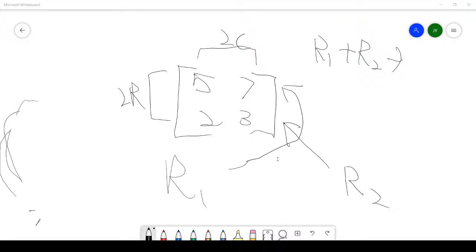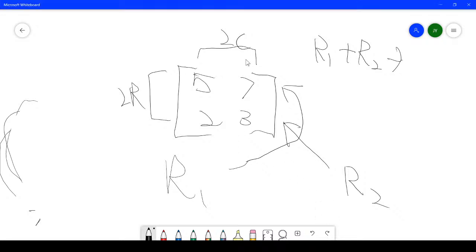So what this does is that this says we want to replace the second row with the addition of R1 plus R2. So this makes the bottom row 7, 10.